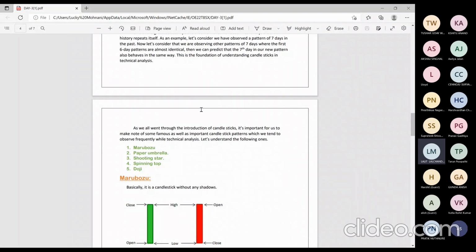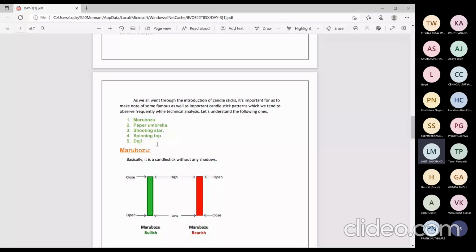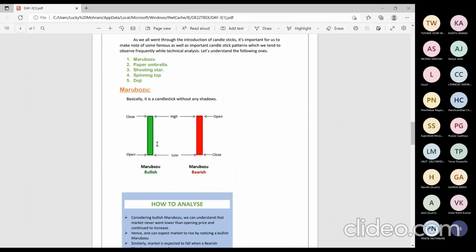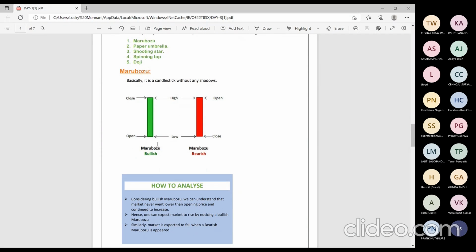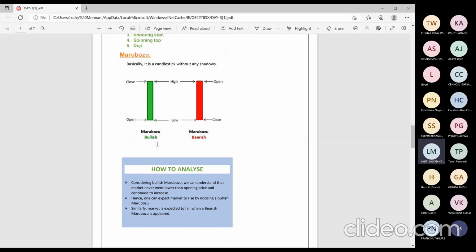There are many single candlestick patterns, but we'll study majorly five. The first I would like to introduce is the Marubozu, a candlestick pattern without any shadow. I will tell the reason why it's formed and what the strategy can be for a trader if he sees this pattern.